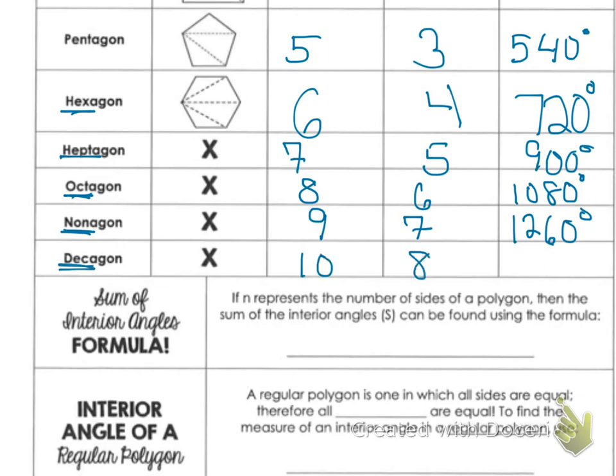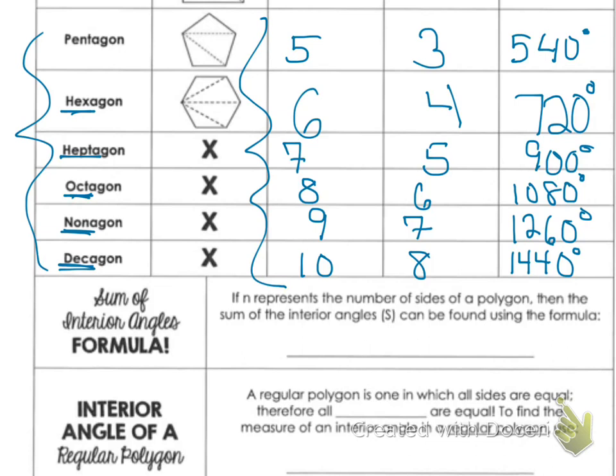There could be 8 triangles inside, and that would be 1,440 degrees. All right, so again, we're looking at the names. I want you guys to remember the names and their number of sides. All right, all these diagrams on this page are regular polygons because they are equilateral and equiangular.